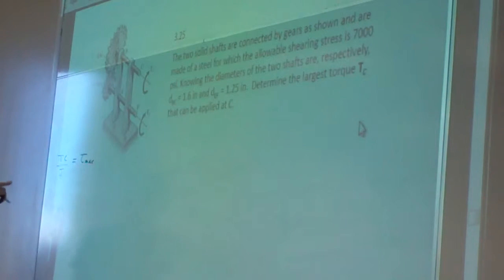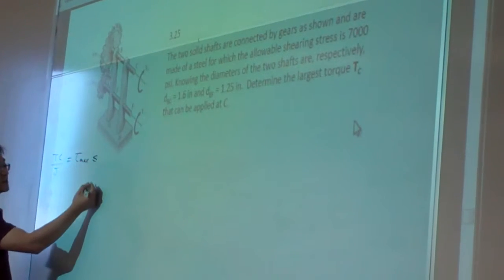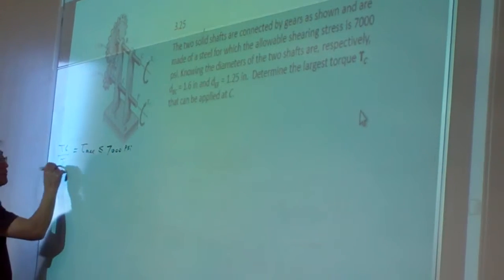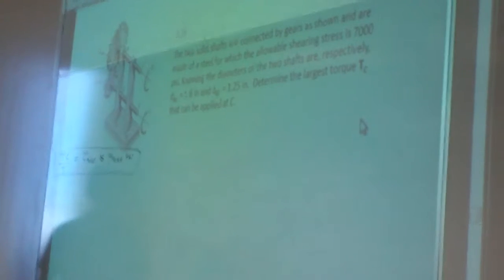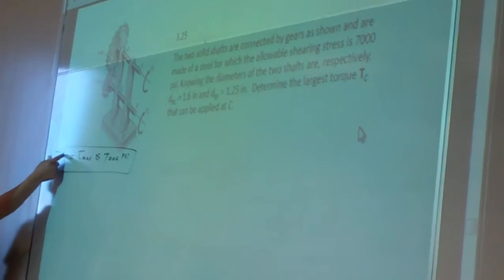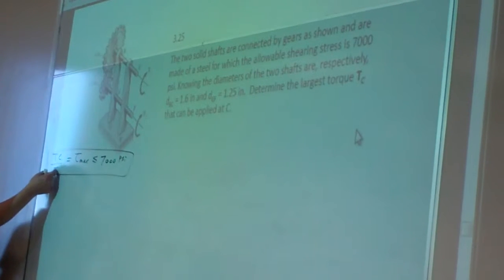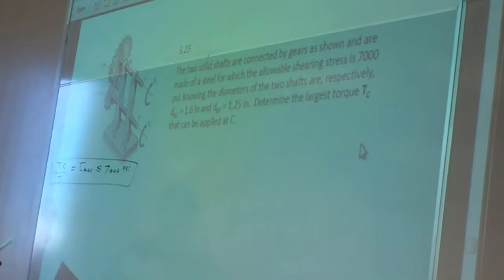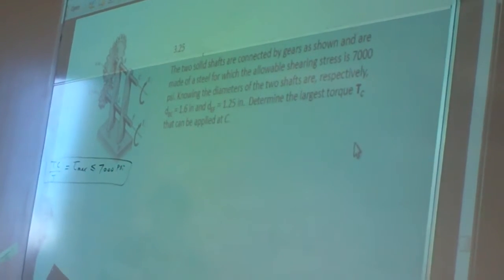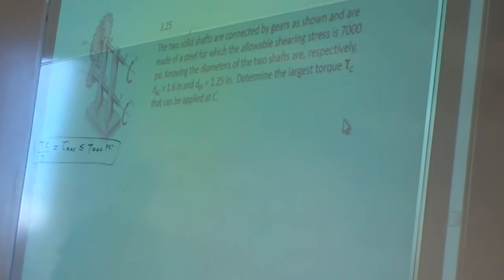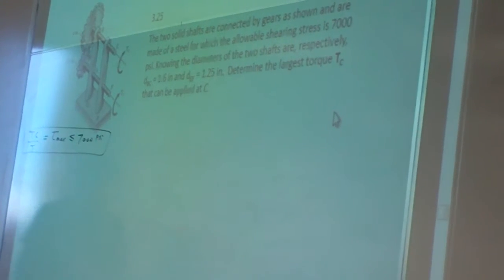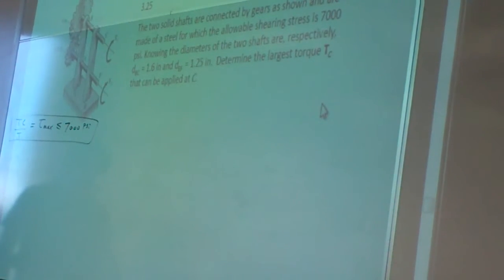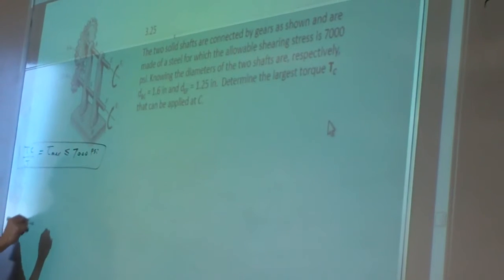We plug in the individual information, so this is less than or equal to 7,000 PSI. We keep this in mind. We have to apply the information to each shaft individually, since the values of c and J change from one shaft to the other. And the relation between TC and TF is this. Look at here.